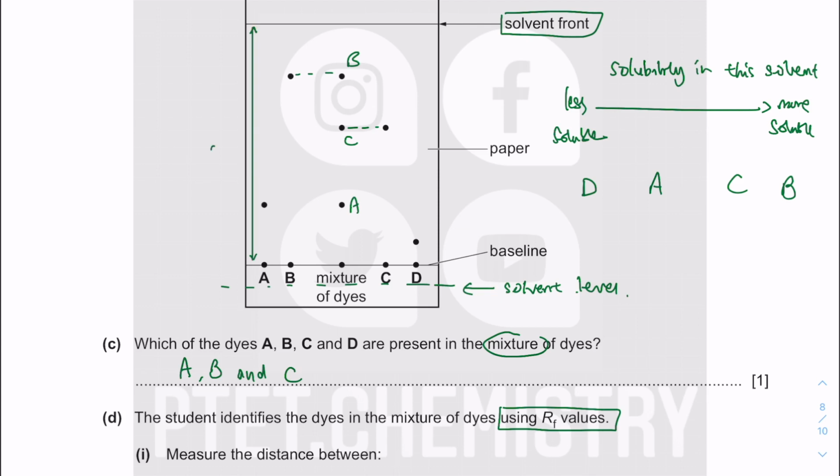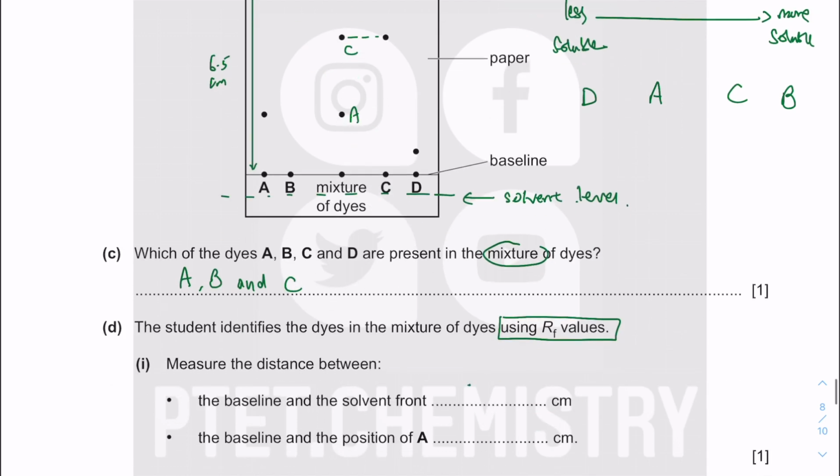That is 6.5 cm on my screen. Okay, so between the baseline and that is 6.5 cm, but this answer will be different on a paper. So if you're viewing this on a paper, this answer might be different, and you should follow whatever you read on your own paper.